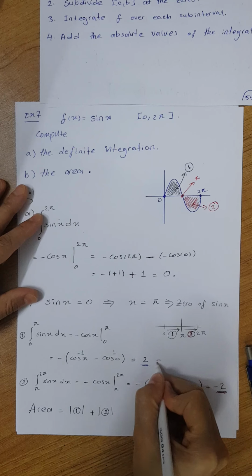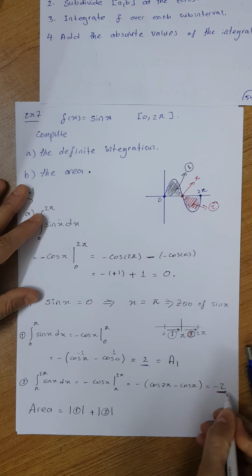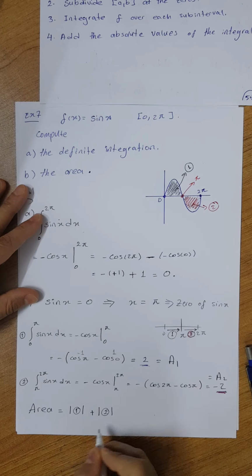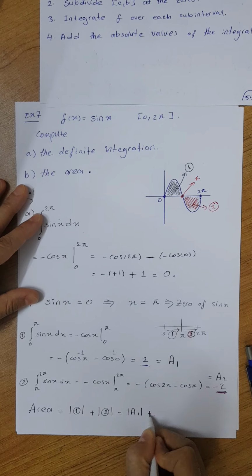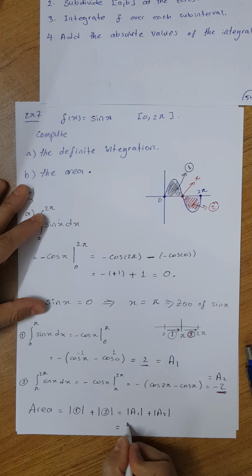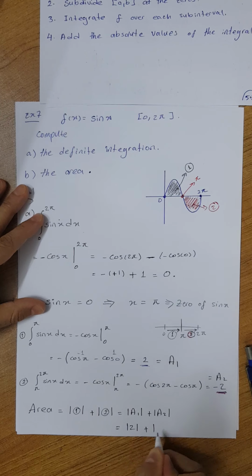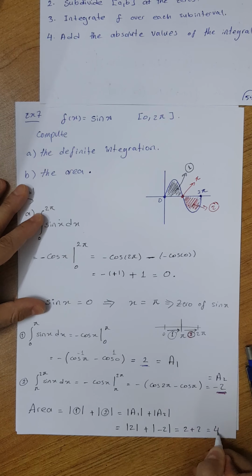Or you can call this one A1 and this one A2, area 1 and area 2. So that will be area 1 in absolute value plus area 2 in absolute value. Area 1 in absolute value is equal to 2, and area 2 in absolute value is equal to 2. So that result is equal to 4.